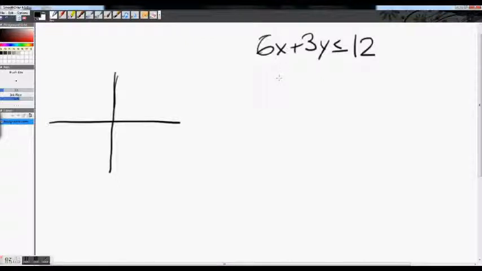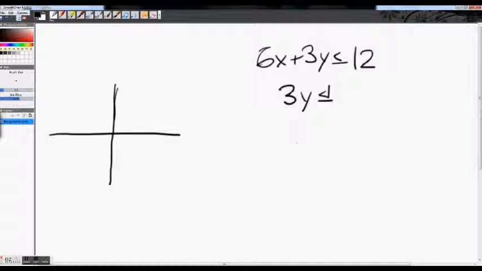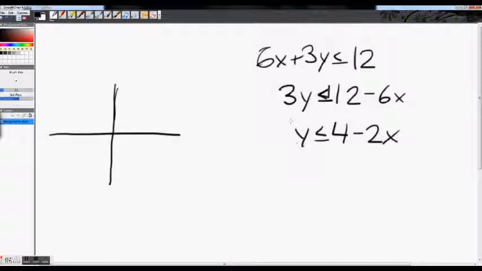So we'll subtract 6x from both sides. We'll have 3y is less than or equal to 12 minus 6x, and then we'll divide by 3. Y is less than or equal to 4 minus 2x, or negative 2x plus 4.